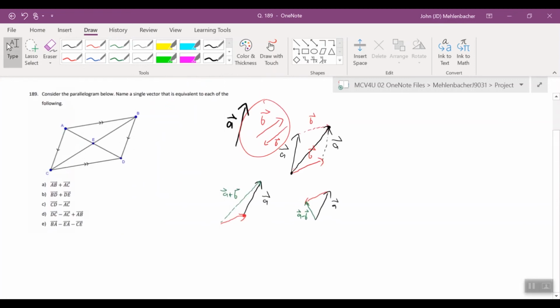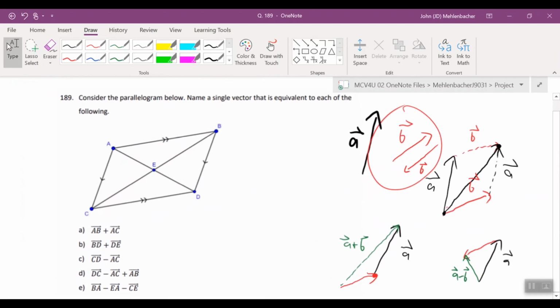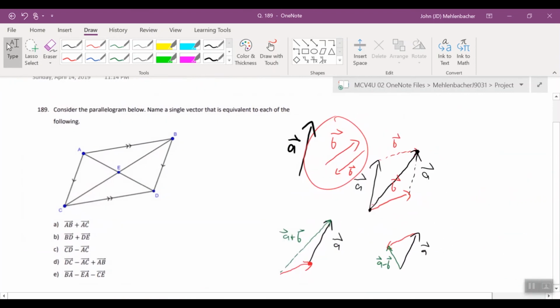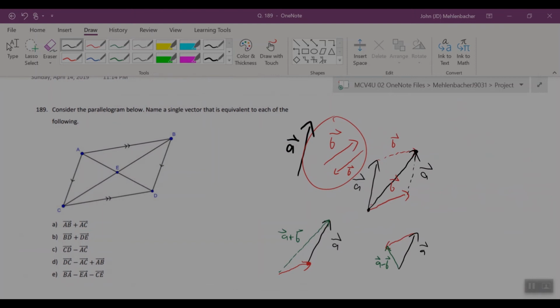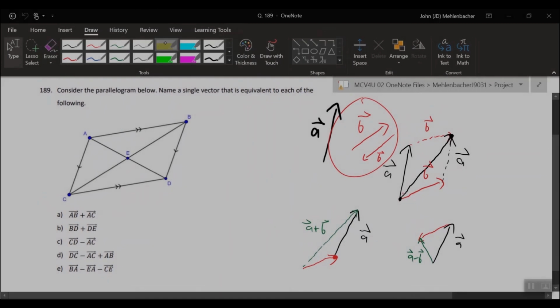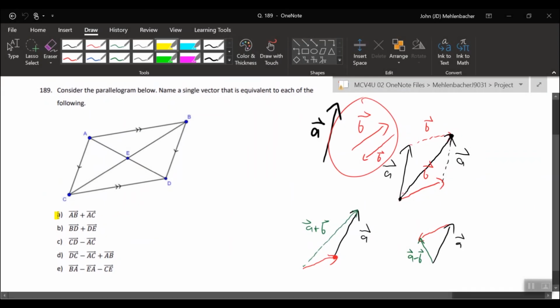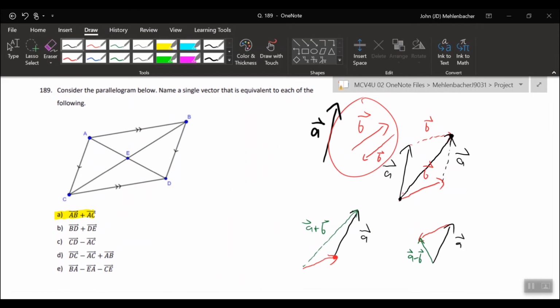Now that we have that out of the way, the best way to show this is actually with question 189 with the parallelogram, because I can show off both ways to do this. Starting with A, we can see AB plus AC. It's important to know that when it is in this arrangement of two letters in a vector, the tail is the first letter and the head is the second letter.